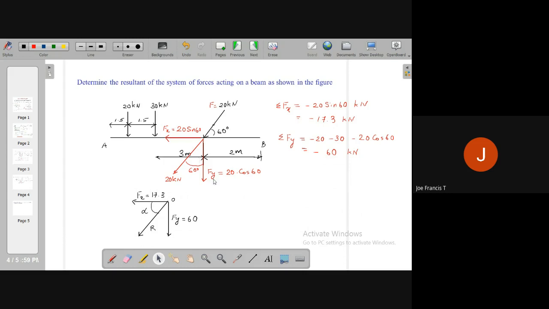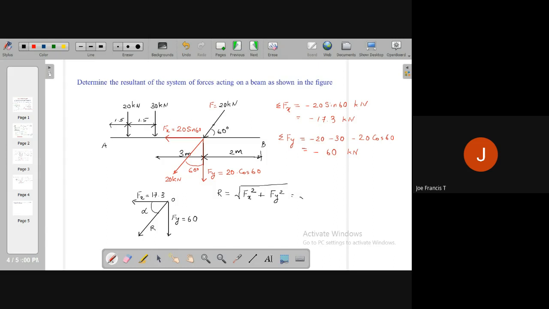So what will be R? R will be the root of Fx squared plus Fy squared.